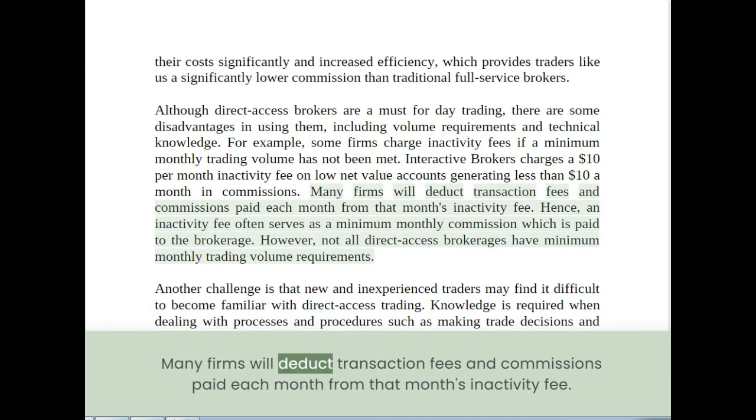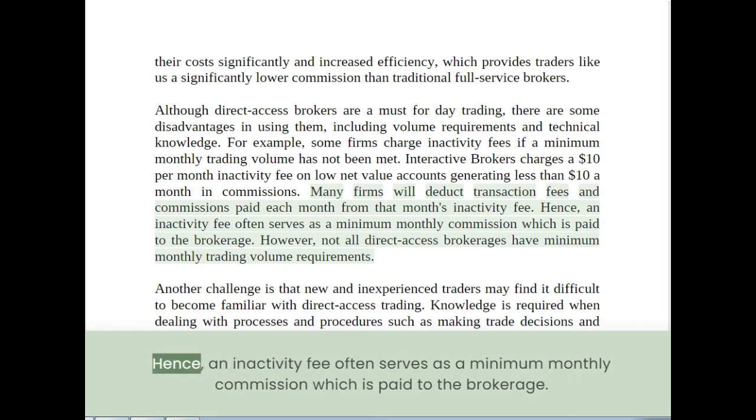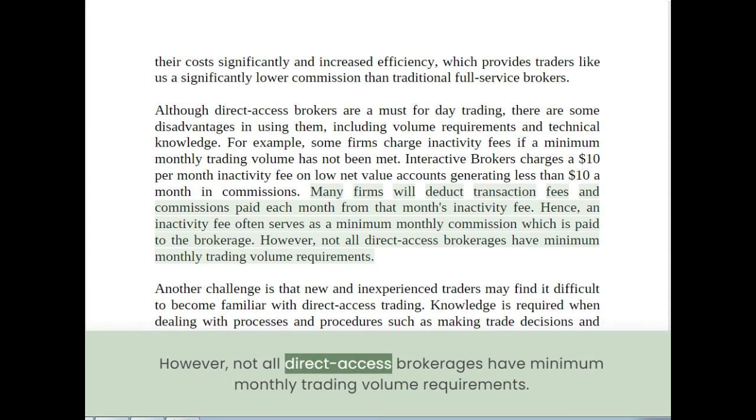Many firms will deduct transaction fees and commissions paid each month from that month's inactivity fee. Hence, an inactivity fee often serves as the minimum monthly commission which is paid to the brokerage. However, not all direct access brokerages have minimum monthly trading volume requirements.